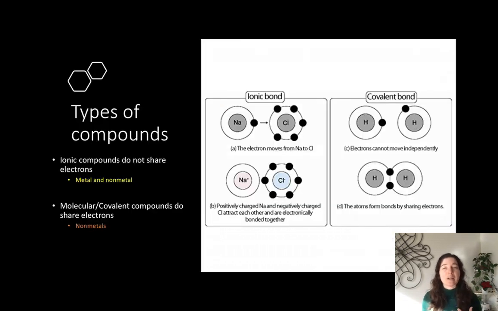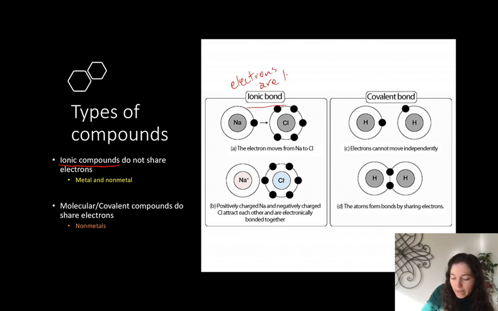That brings us to our next point, which is that there are 2 types of chemical compounds. There's an ionic compound, where we have an ionic bond, where the electrons are lost or gained entirely. They just go away, or they come back. And then we have our molecular compound, which you might also hear me call a covalent compound, that has covalent chemical bonds, where the electrons are shared.